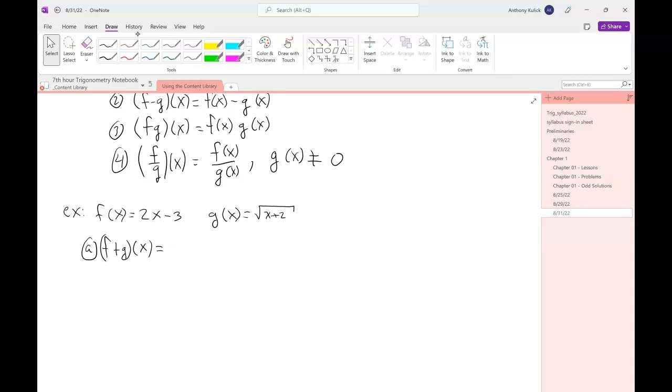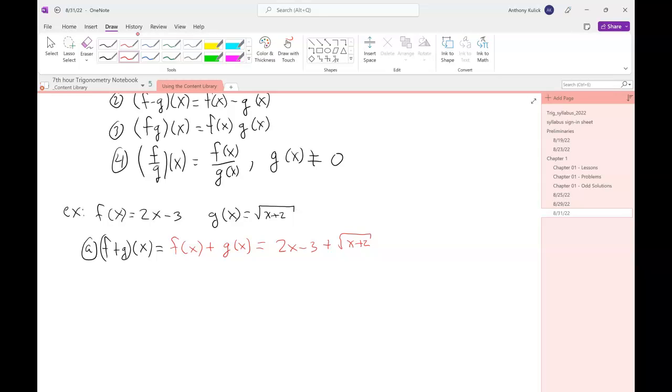If I want to do f plus g of x, my definition above says I can write that as f of x plus g of x. And the problem tells me that f of x is 2x minus 3, and g of x is the square root of x plus 2. Everybody's okay so far? The only thing I'd have left to do from here is to simplify this expression if I can.